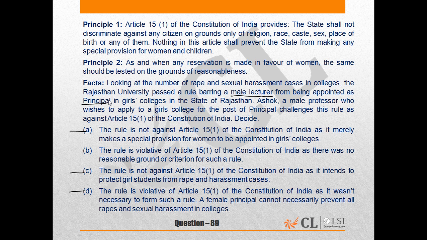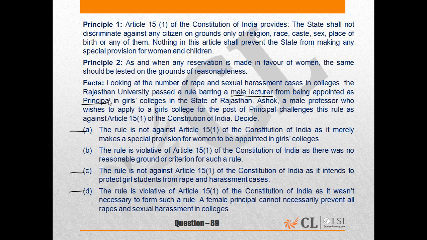Now the reason that they have given in option D, that a female principal cannot necessarily prevent all rapes and sexual harassment cases in college, is not going along with the first part. We do not know whether a female principal can prevent such cases or not. We do not know about it. The principle or the facts nowhere state such a reason.